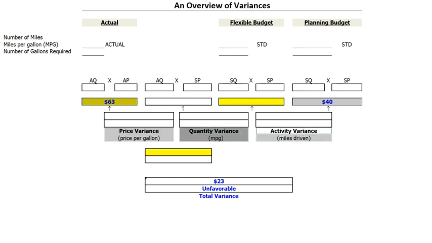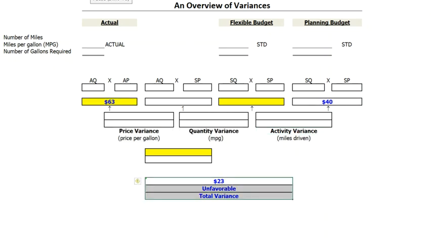Let's now dig a little bit further and explore why we had this $23 total variance. As a first step, let's be sure we understand where the original $40 came from. We would have had an original plan to drive a certain number of miles, in this case 500 miles.